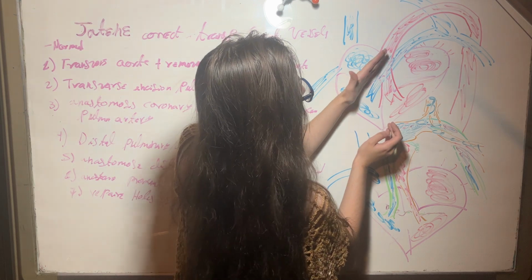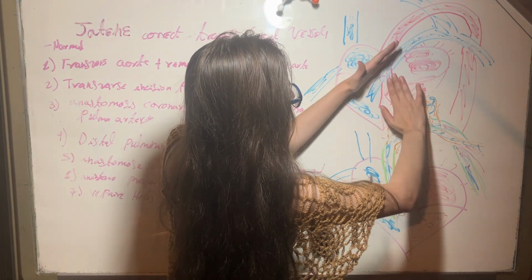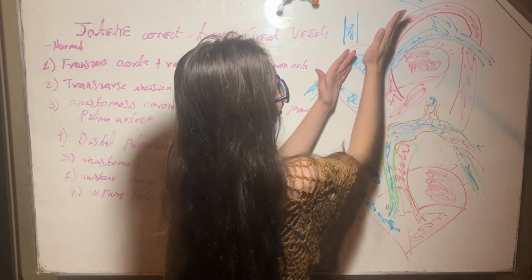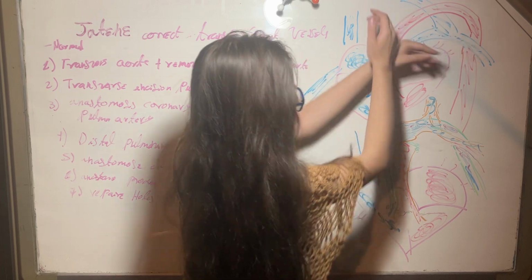here we have the proximal pulmonary artery to the right of the proximal aorta, and then the aorta is to the right of the distal pulmonary artery.